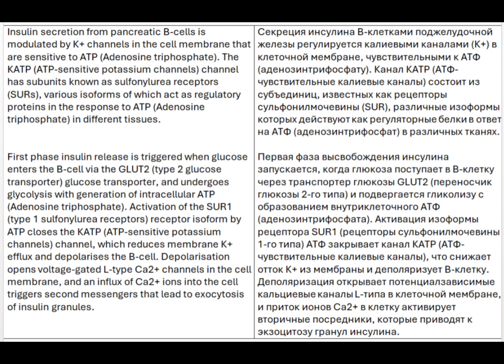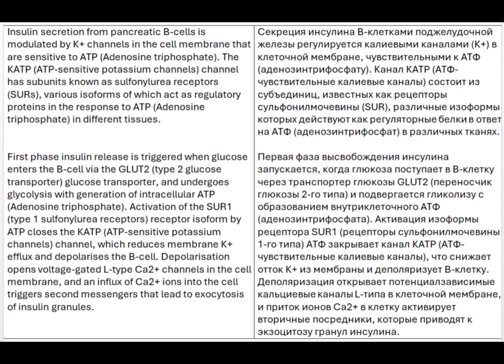First-phase insulin release is triggered when glucose enters the B cell via the GLUT2, type 2 glucose transporter, and undergoes glycolysis with generation of intracellular ATP.